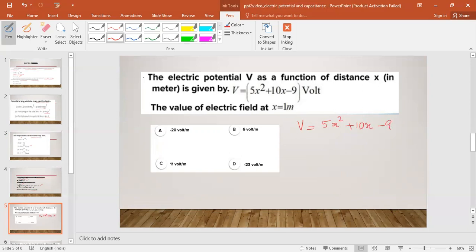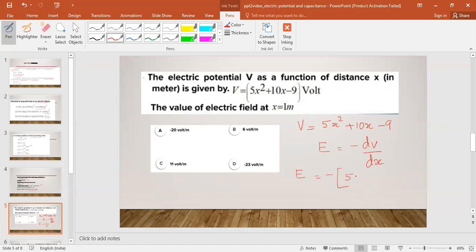Now you should remember the expression that relates the electric field and the potential: E is equal to minus dV by dx. We have to evaluate the electric field at x is equal to 1 meter. So E is minus dV by dx, differentiating the potential V with respect to x.